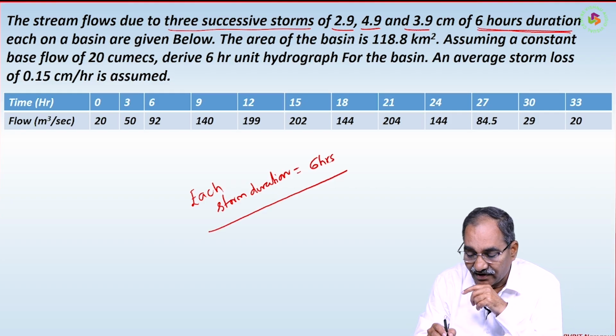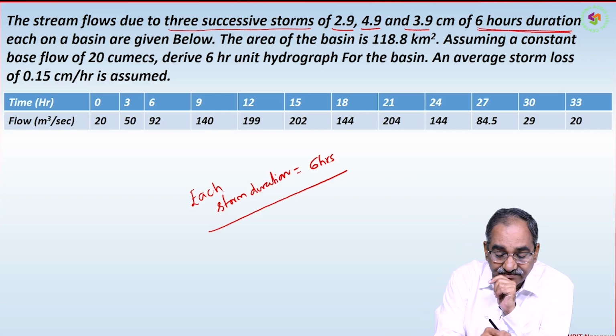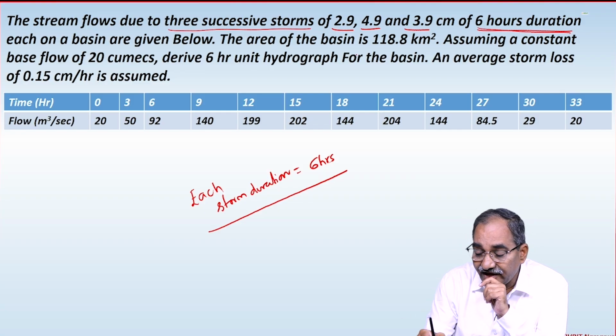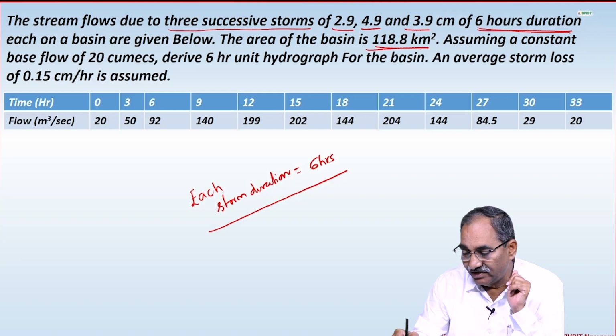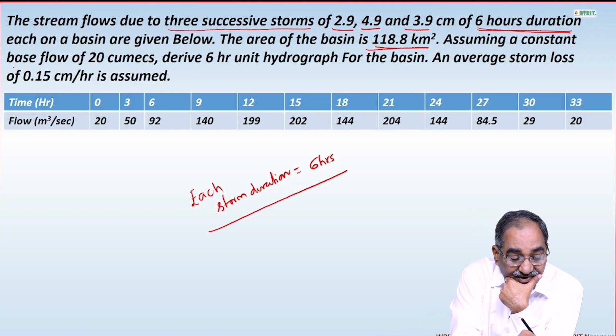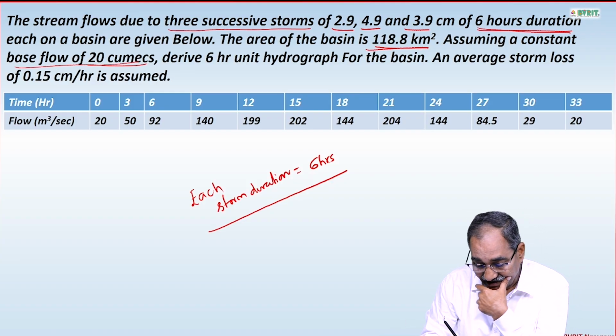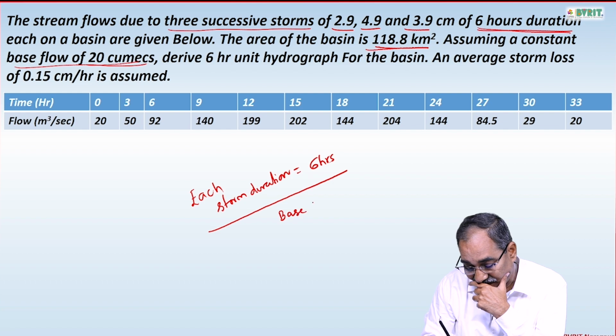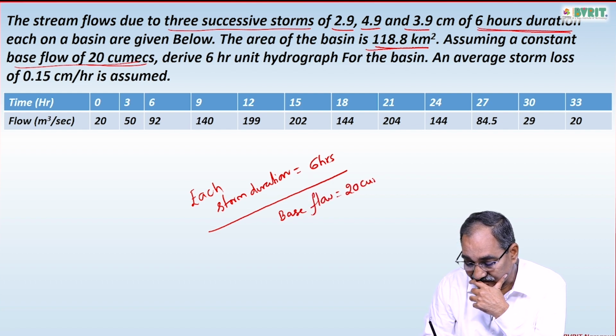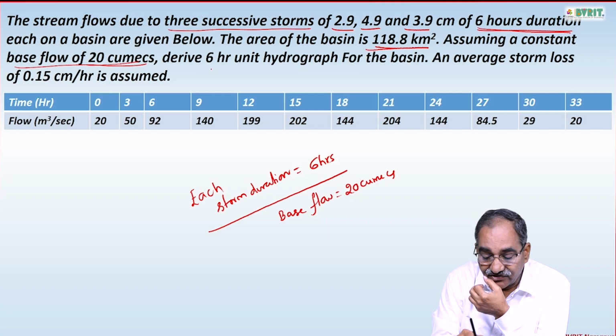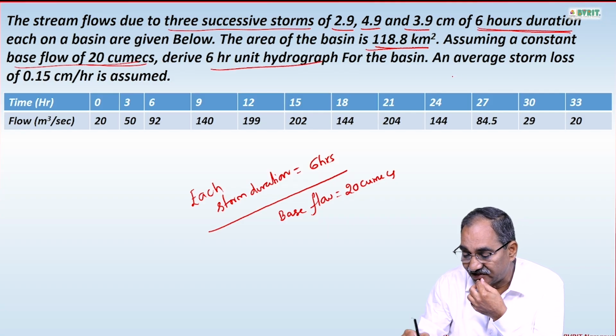Then afterwards, what is given? The area of the basin is given. Good. Assume a constant base flow of 20 cumecs. So the second data that is given is base flow equal to 20 cumecs. Derive the 6-hour unit hydrograph for the basin.